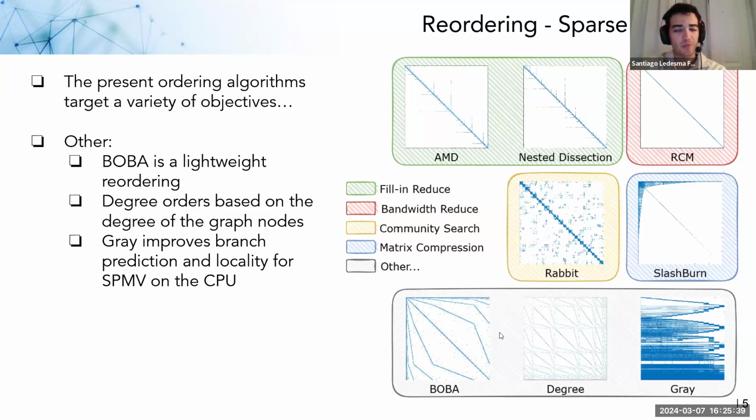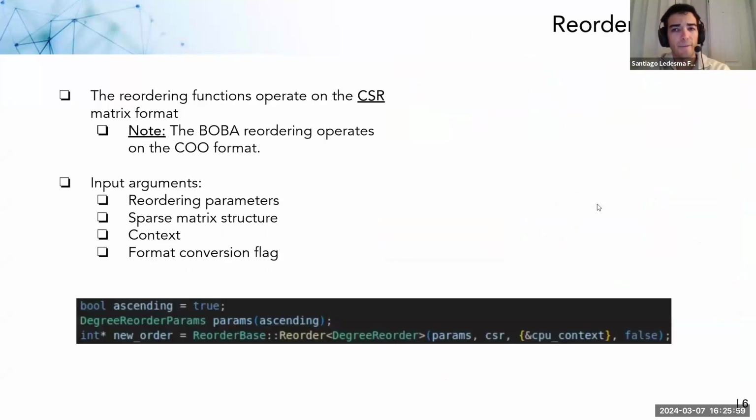So the quality of the final permutation might not be so good, but the speed compensates for that. Then we have Degree, which orders by number of non-zeros of the rows and the columns. And then we have Gray, which is very specific and improves branch prediction and locality for SPMV on the CPU.